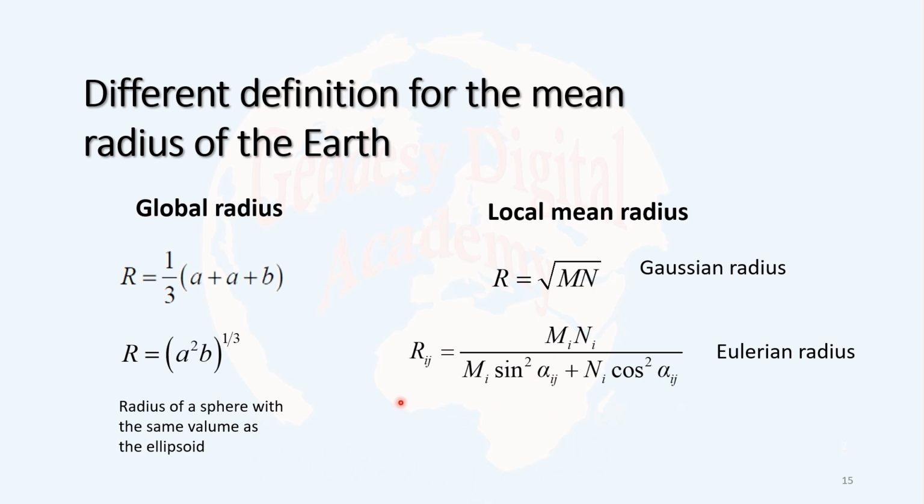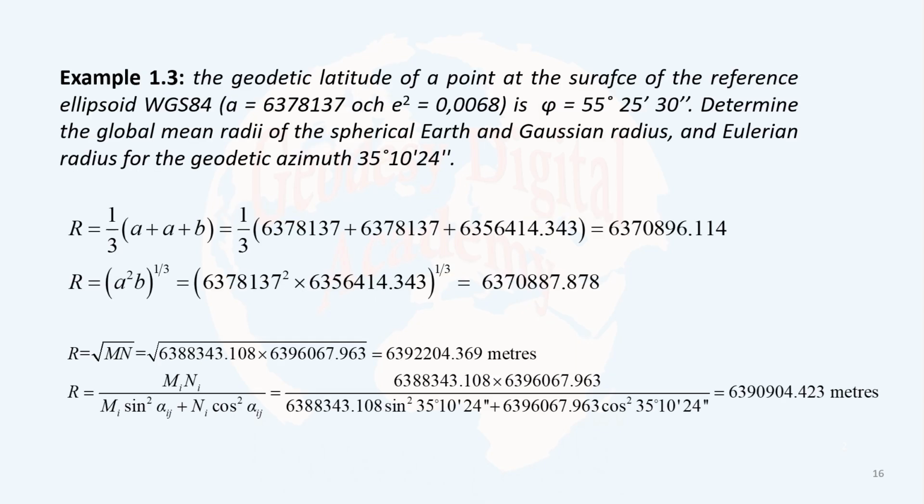Now let us see another example. So consider the same ellipsoid and phi, the same value that we have used for the previous examples. So a, and we have already computed b in one of the examples.